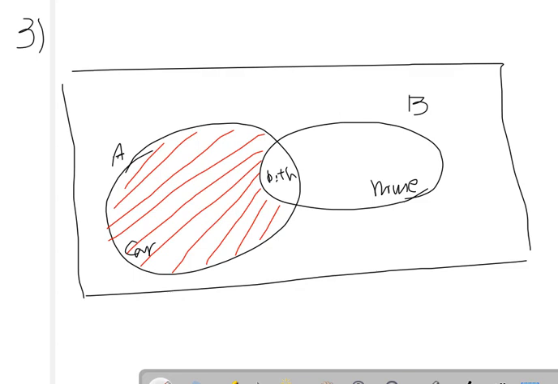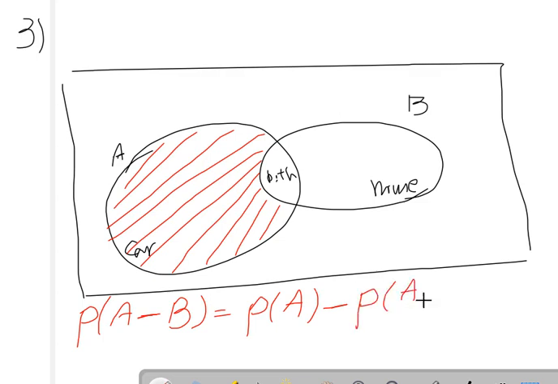What is this area? It's A minus B. All the elements in A that are not in B. The probability of A minus B is the probability of A, as I told you before, minus the probability of A intersection B. So the probability of A, the car, is 0.6.